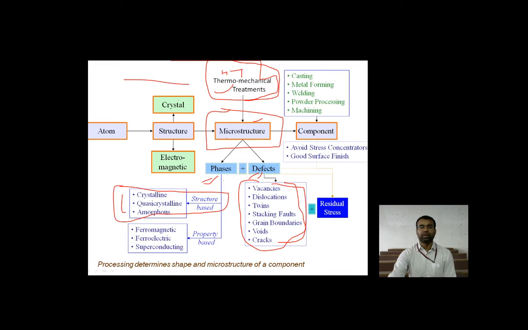In these categories we change things by thermomechanical treatment and enhance the property of the material. On the property side, we consider ferromagnetic, ferroelectric and superconducting materials. The phases are divided into structure-based and property-based, but all are related to enhancing the property of the material. If we change the structure of the material, the property starts changing.